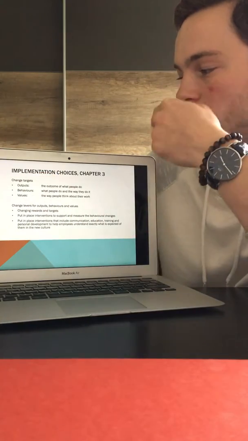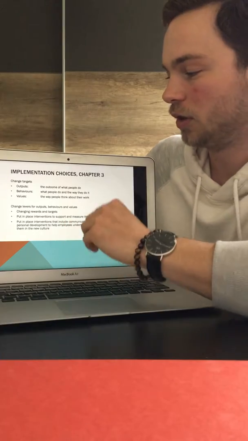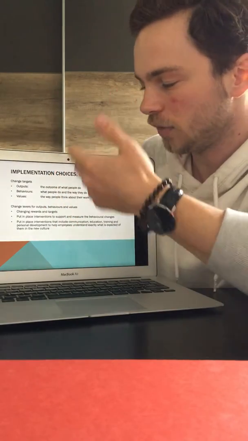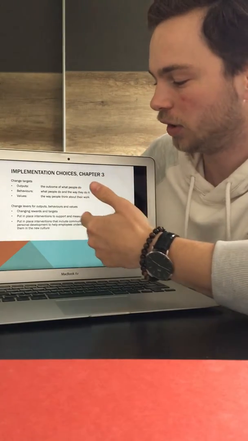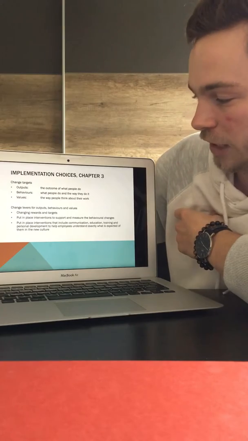So to accomplish an output target, you can change rewards and targets. To accomplish a behavior target, you can put in place interventions to support and measure the behavioral changes.